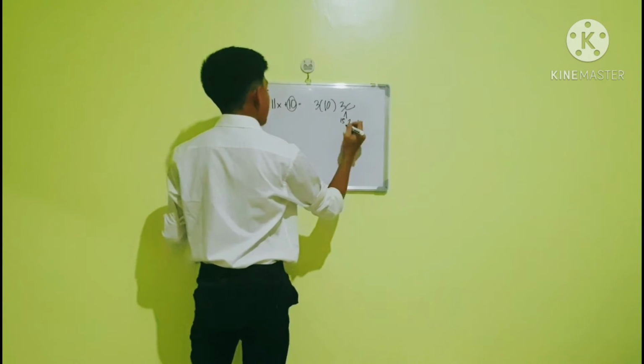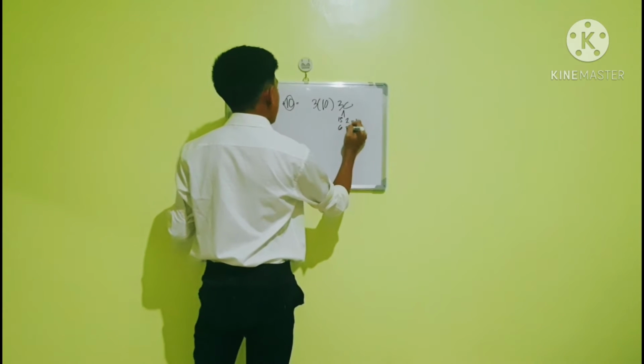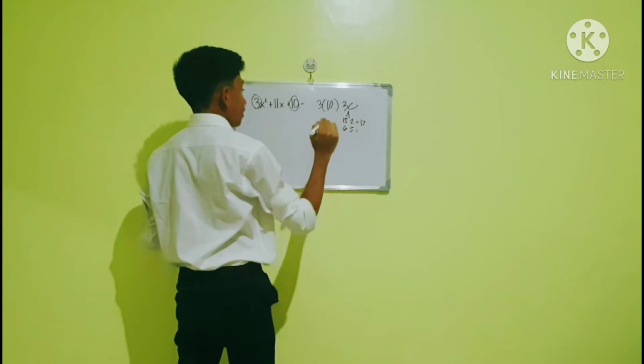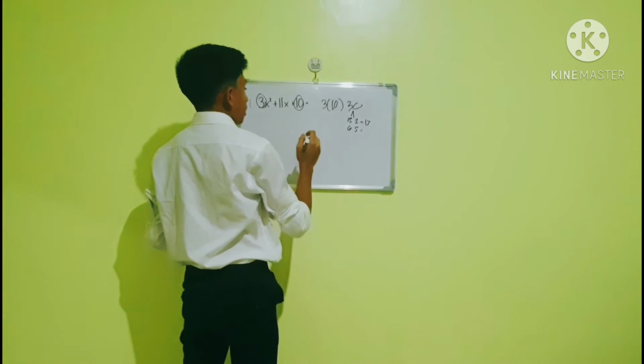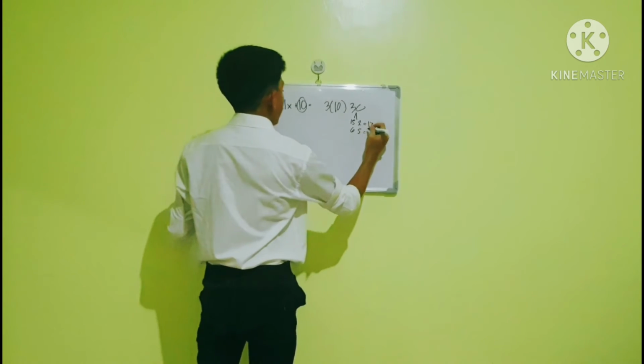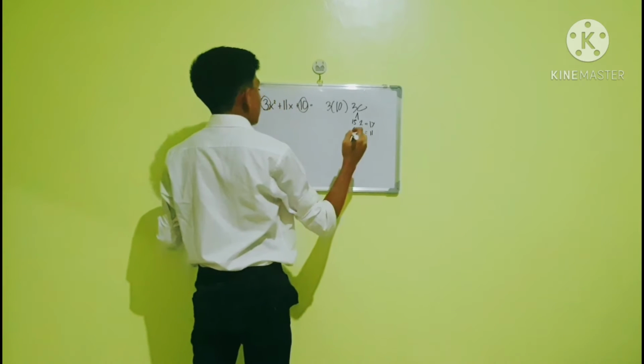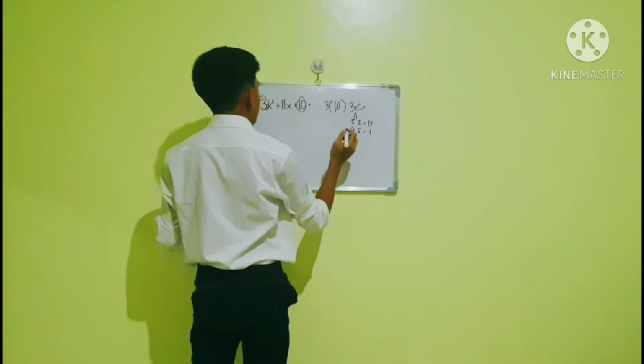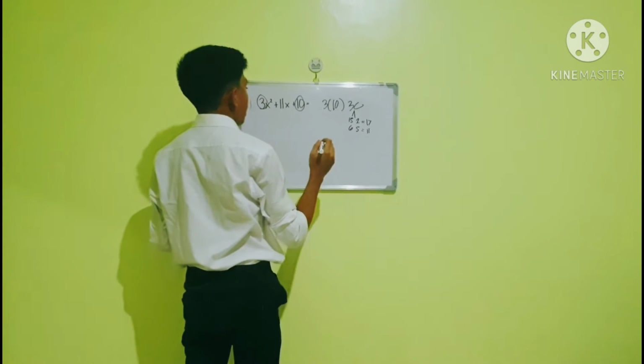The next pair is 6 and 5. 6 times 5 is 30, and if you add them up, it becomes 11. So this pair is the correct answer.